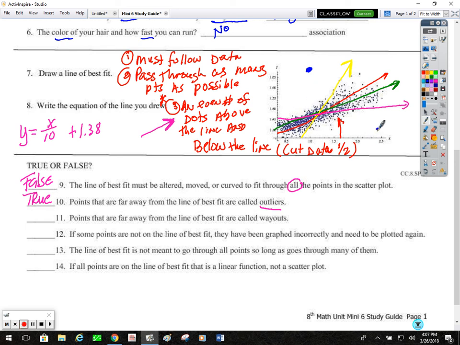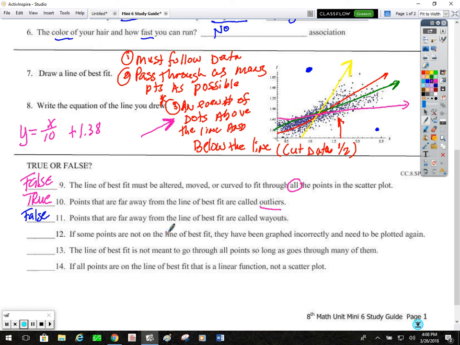Same thing you could say about a dot right in here. Whatever this x value is, it's not very high on the y-axis scale, so it's different from the other dots. It lies outside of the normal data range. Points that are far away are called wayouts. Well, we just determined that they're not called wayouts; they are called outliers.